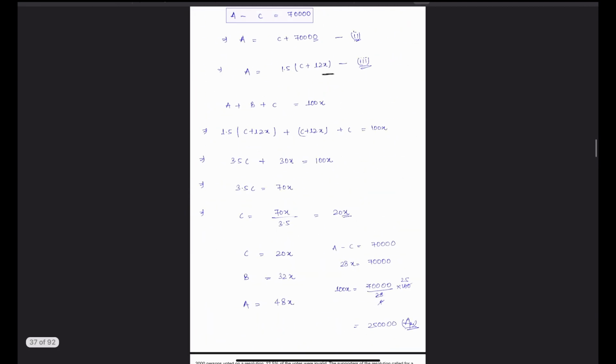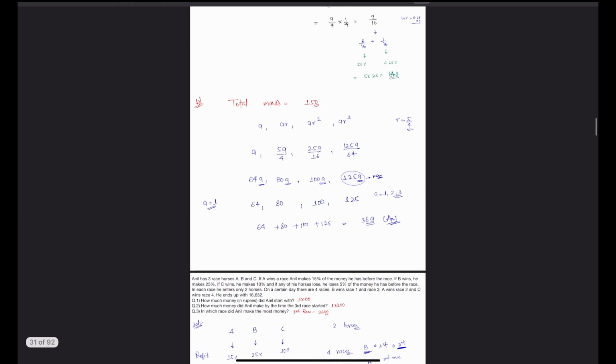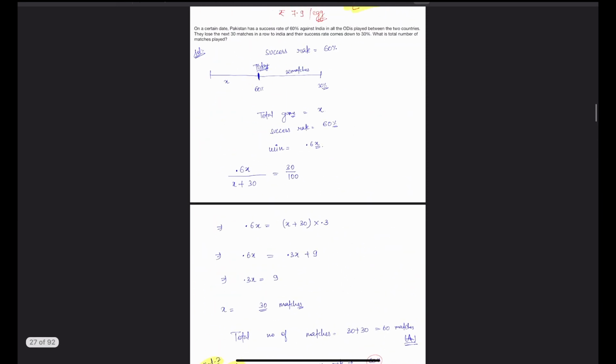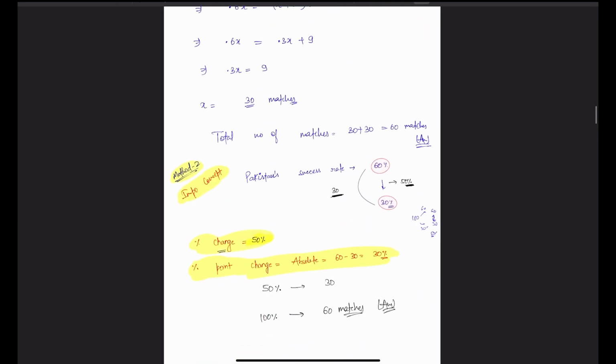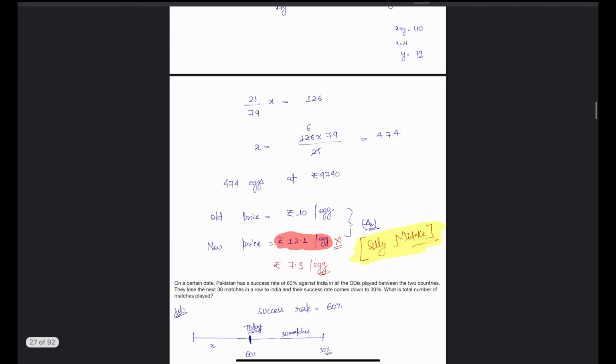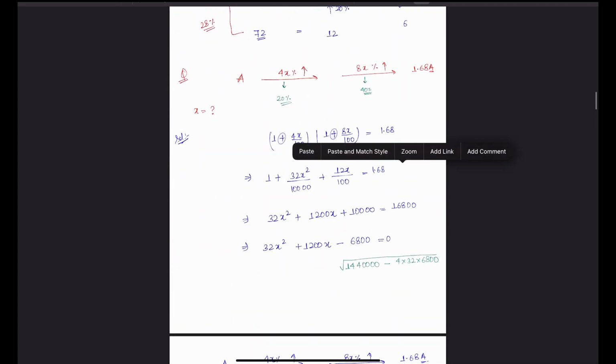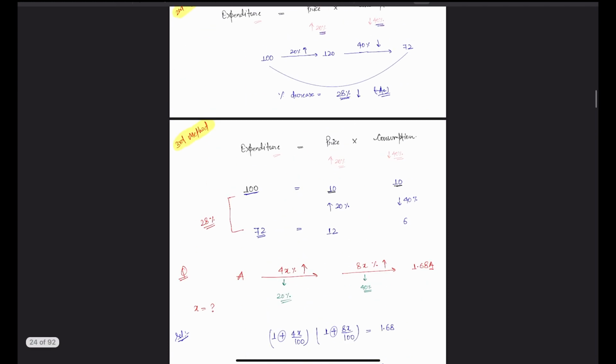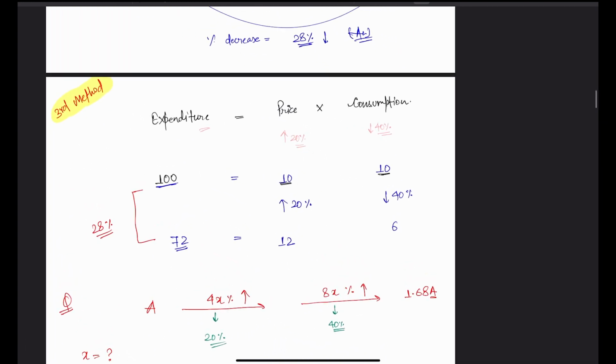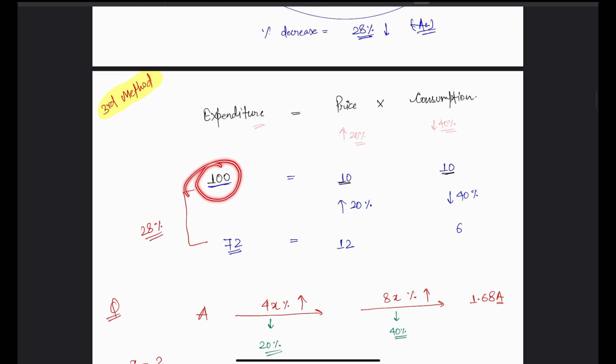Yes, if possible, let's open the percentage one. So in percentage we have already discussed. Yeah, here. So if our expenditure is 100, here is 10, here is 10.